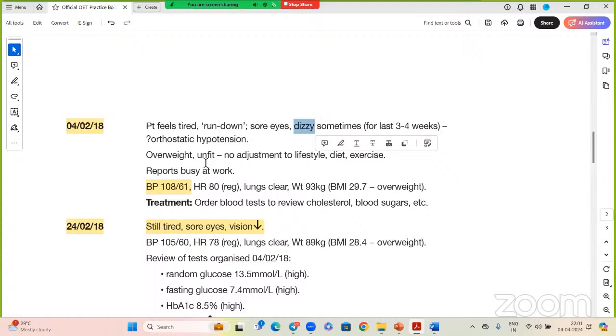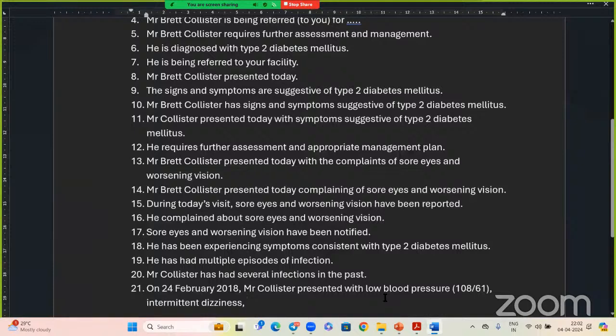Okay, why intermittent dizziness? Possibly because of orthostatic hypotension. So intermittent dizziness, maybe because of orthostatic hypotension. So possibly due to orthostatic hypotension. Okay, here you can say in brackets, possibly due to orthostatic hypotension, bracket closed.